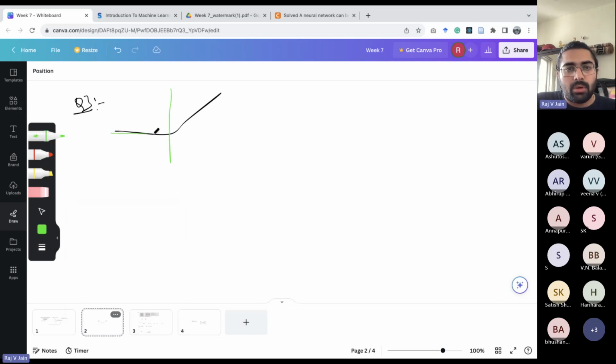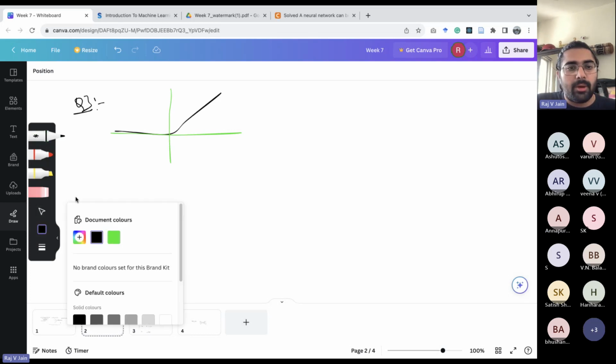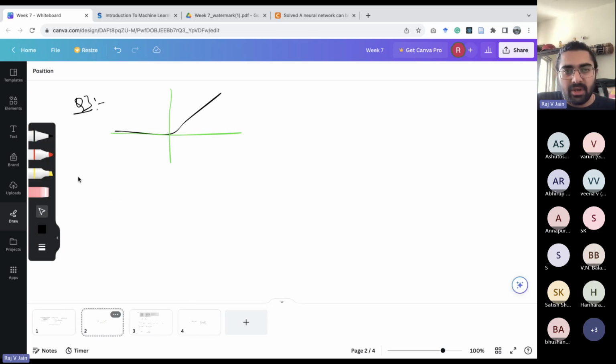So this is the ReLU function in this way. And for any linear function, the definition of a linear function is this: f of ax plus b has to be equal to a times f of x plus b for all a, b, and x.